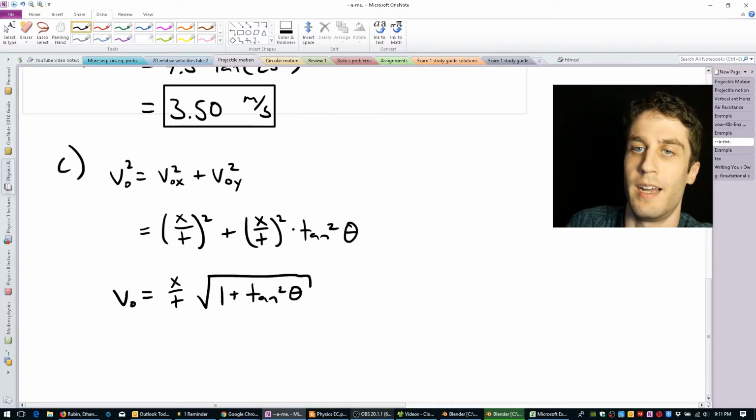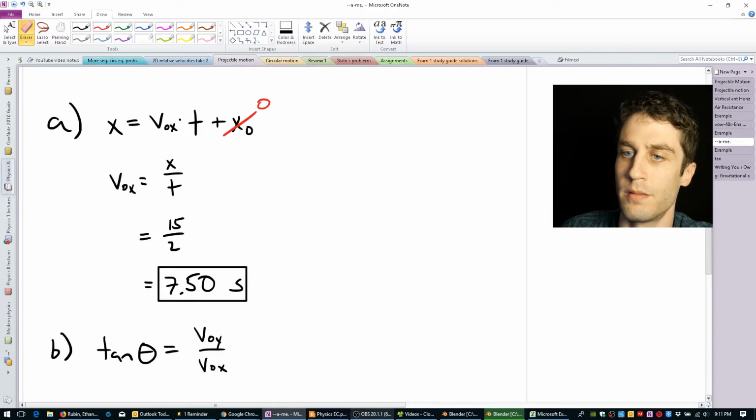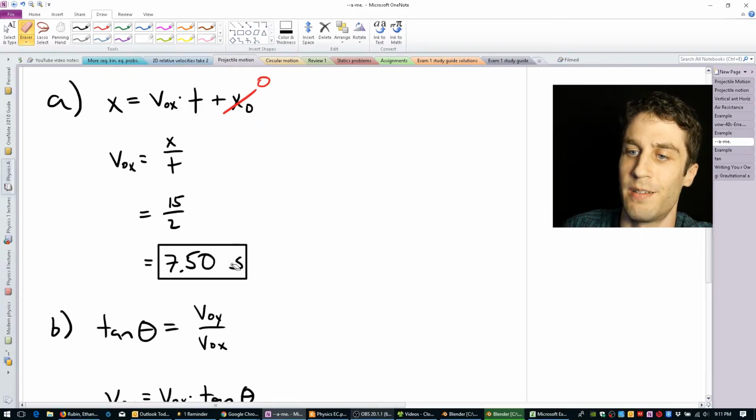Okay. You could just as well go back up here, square root both sides, and just plug in numbers, because we found 7.5, no, sorry, my mistake. I wrote 7.5 seconds. This should be 7.5 meters per second.